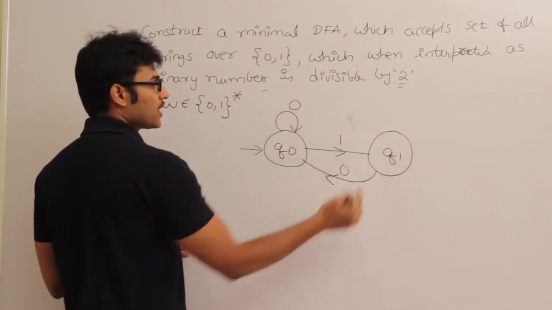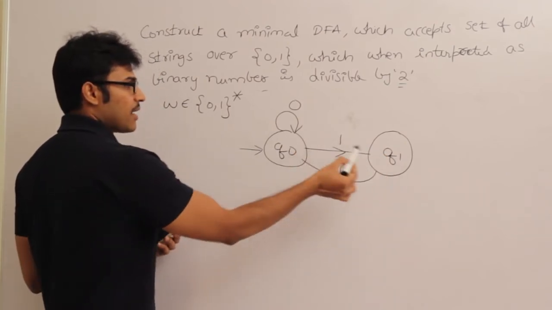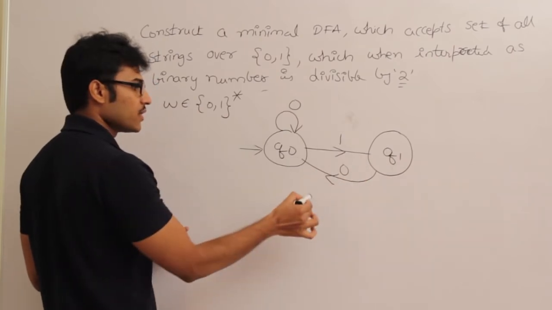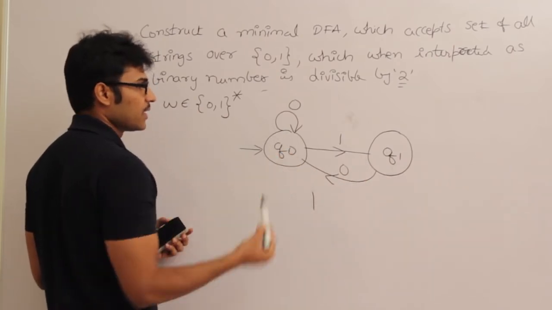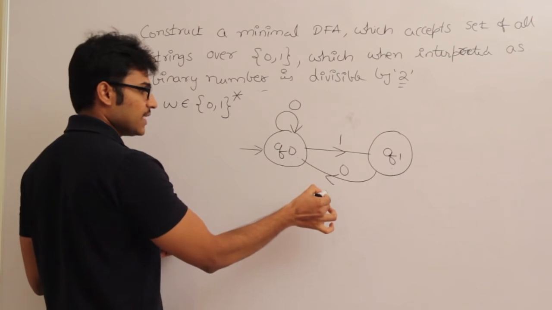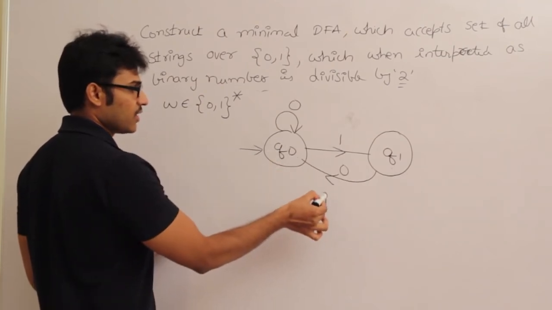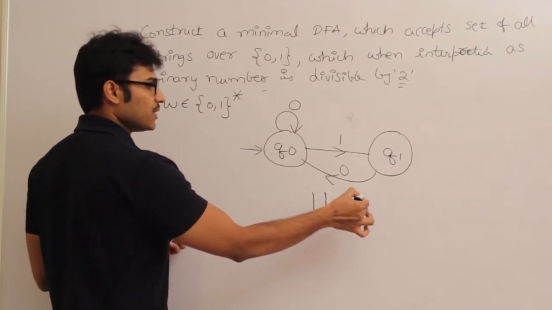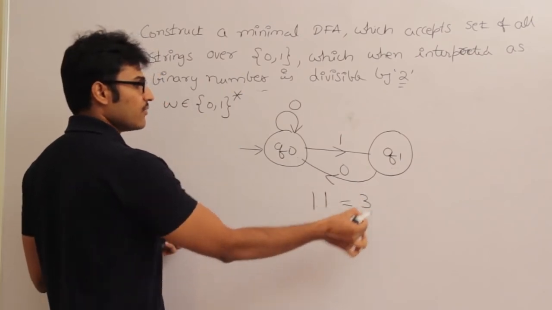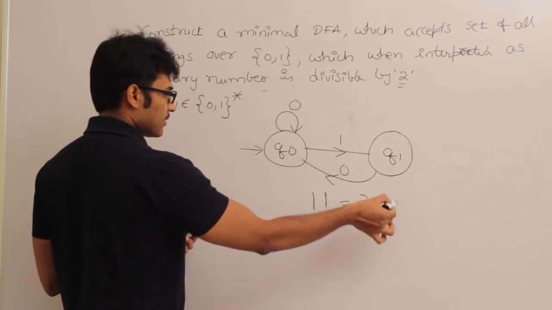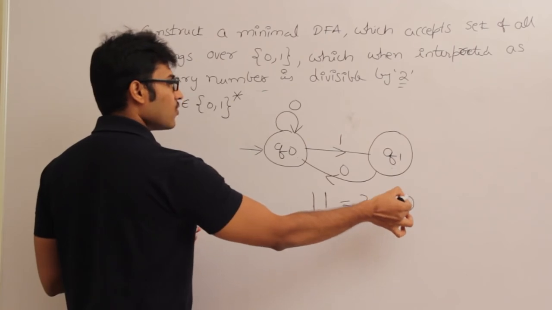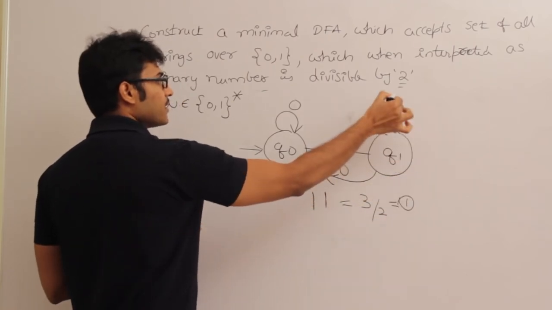No. Q1 is not complete on 1. Let us say I am in state Q1. How did I reach Q1? On looking at 1. So after it, if I see a 1, the entire number 1 1 is going to be 3, which divided by 2 is going to generate a remainder of 1. Therefore, on seeing 1, I'll stay here.